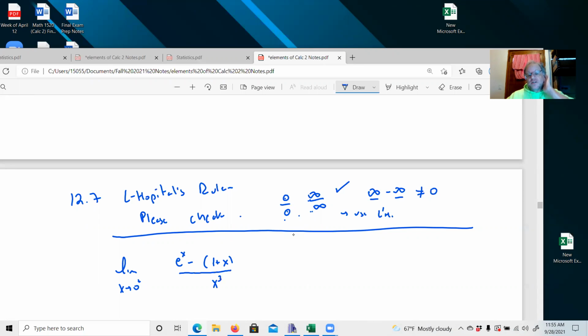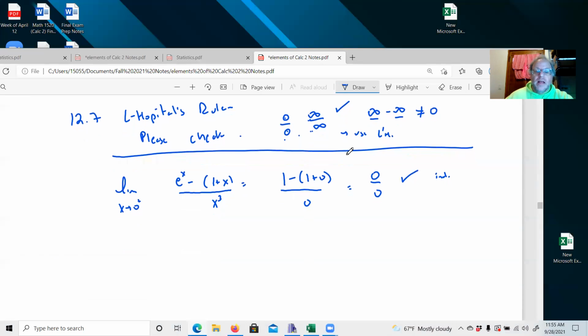So what happens on the top? If I plug in 0, e to the 0 is 1, minus 1 plus 0. On the bottom we get 0. 1 minus 1, the last time I checked, that's 0 over 0. Check, we have indeterminate form.